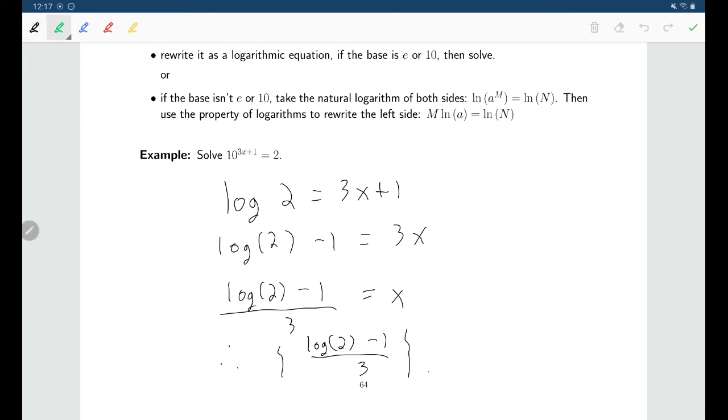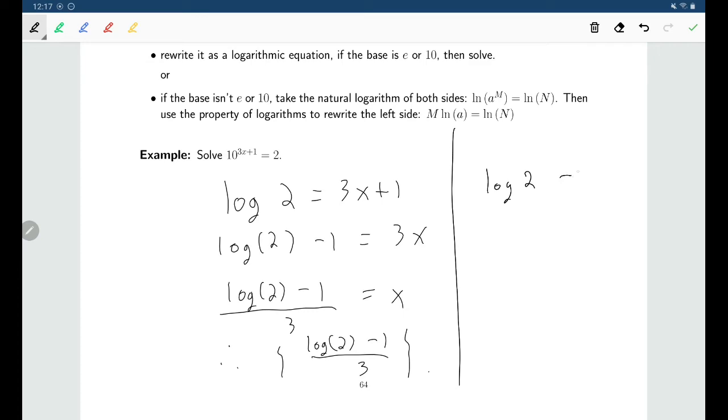A couple of things you might have noticed that I did. I first started off writing it as log 2, and I didn't use any brackets. And then when I moved the 1 to the other side, I rewrote it as log of the quantity 2 minus 1 with the 2 in brackets. And that was because, remember that for logs, we sometimes will need to use brackets if our meaning otherwise wouldn't be clear.